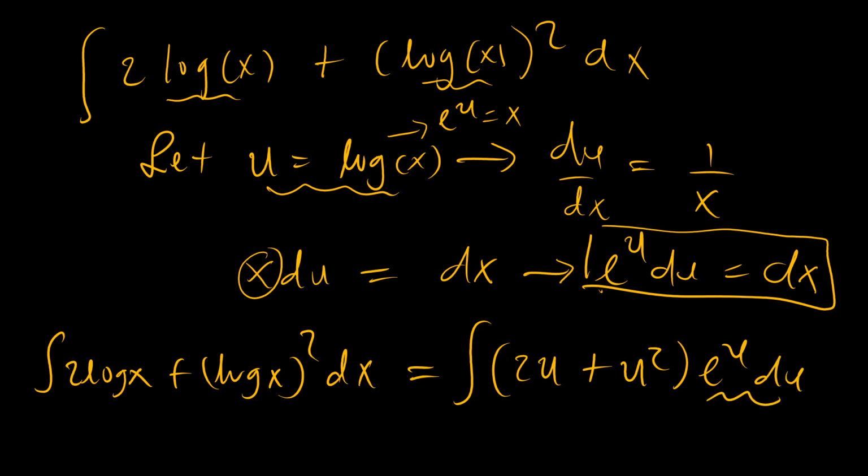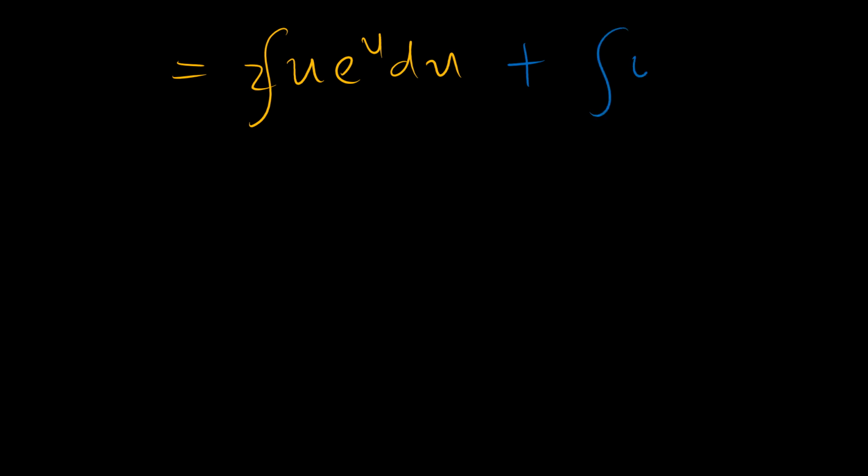This here is this, and where log is, we have substituted u. So this becomes two separate integrals, one 2u e to the power u, and then the next one I'll use color blue to just delineate. So we have the integral of u squared e^u du.